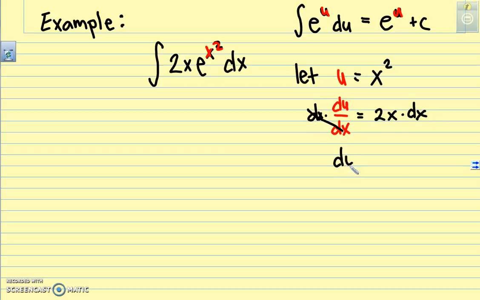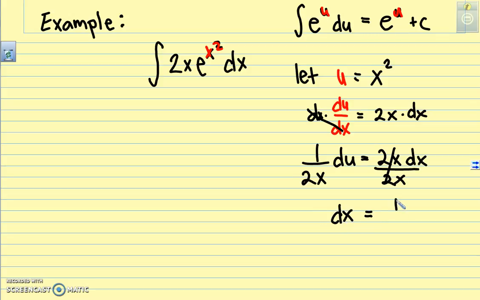That is now du equals 2x dx. And then just like I did in that last problem, I'm going to divide this time by 2x. The goal here is to get dx by itself. So dx is equal to 1 over 2x du.